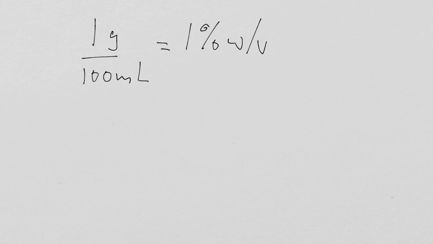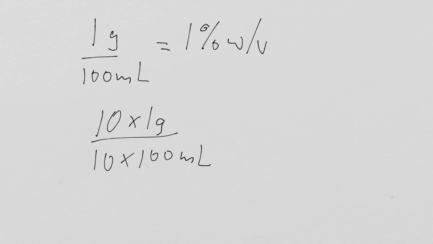So we get 10 times 1 gram over 10 times 100 milliliter. And that gives us 10 gram per 1 liter. This is a very simple conversion in this case. Make sense? Yeah? Are you still here? Good.